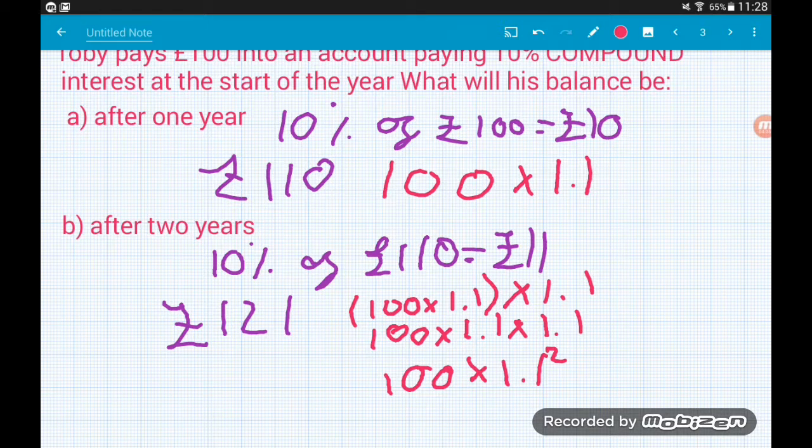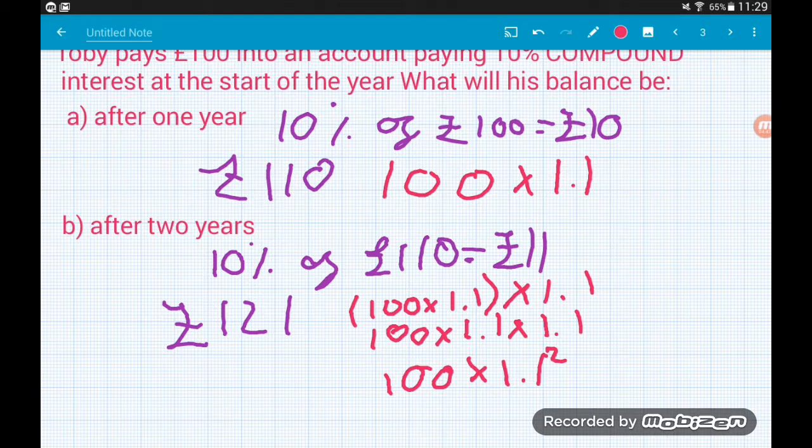This right here is the general rule to calculate compound interest. When you know the percentage that we're increasing by, work out what your multiplier is and do the original amount times the multiplier, and set the multiplier, only the multiplier, to the power of the number of years.